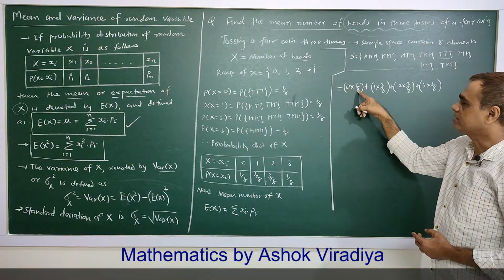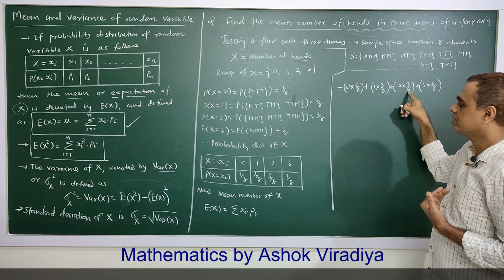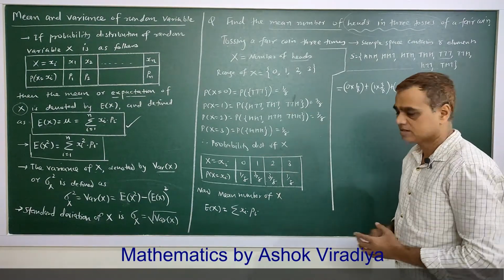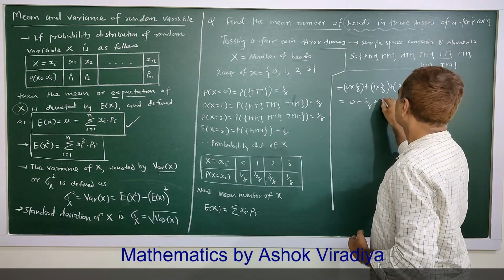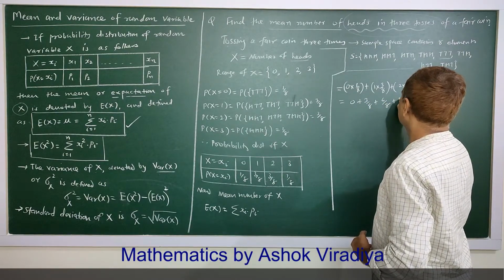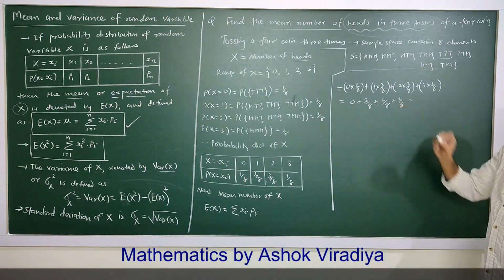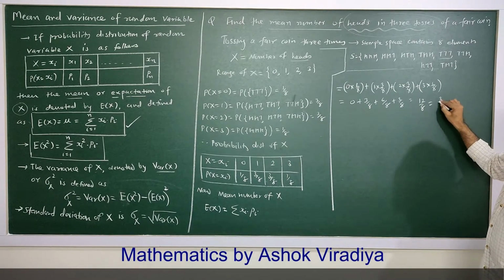that is x1 into p1 plus x2 into p2 plus x3 into p3 plus x4 into p4, xi into pi. So that is equal to 0 plus 3 by 8 plus 6 by 8 plus 3 by 8, that is 3 plus 3 is 6, 6 plus 6 is 12, 12 by 8, that is 3 by 2.